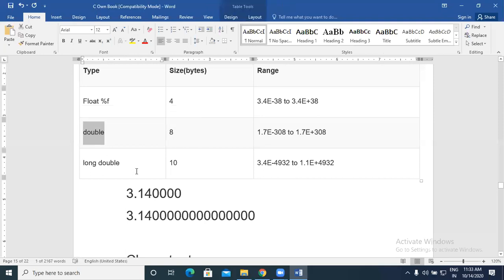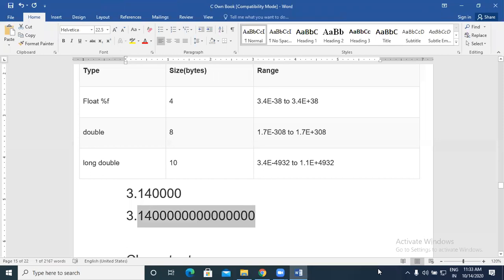So if you are going with double or long double, after the point 16 digits come, right, in double and long double. If you are going with percentage float, 6 digits are compulsorily displayed in the output, okay? So that is the part of double, long double and float.